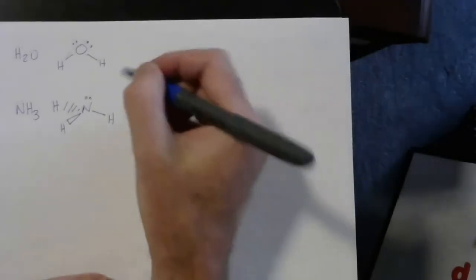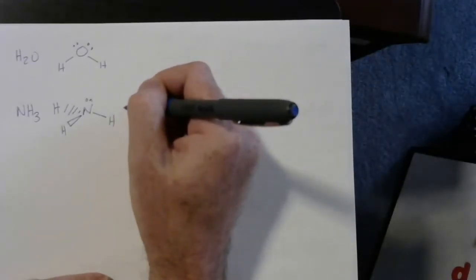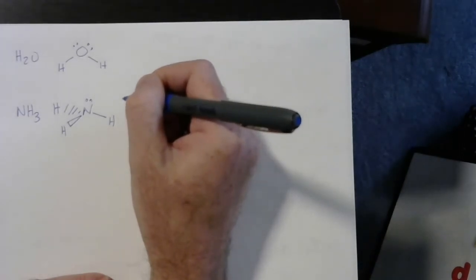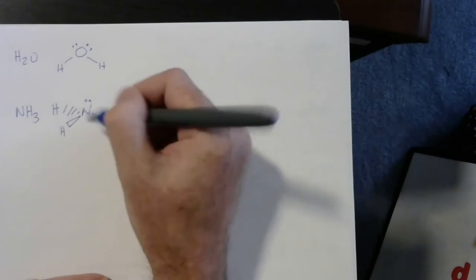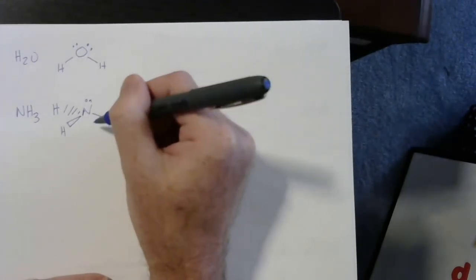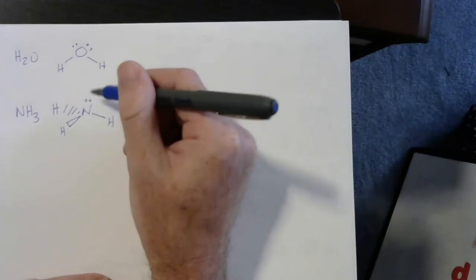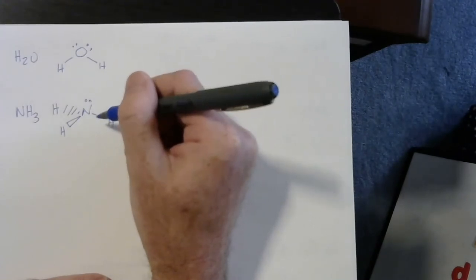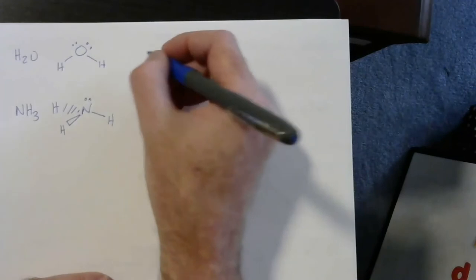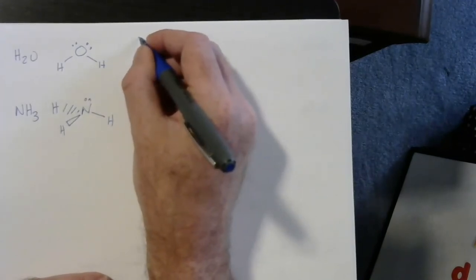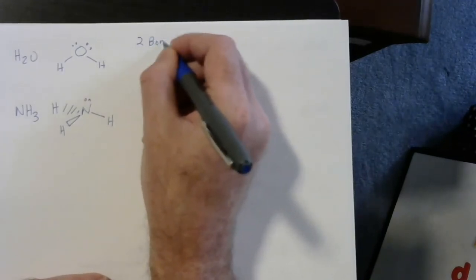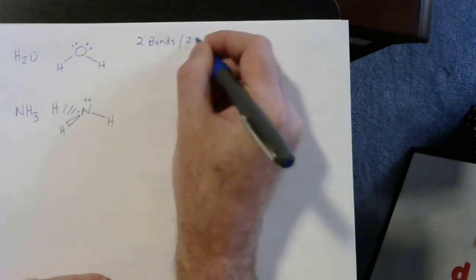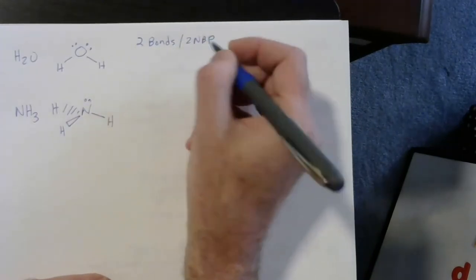Okay, now here's just a couple of commonly encountered molecules, and I've drawn them. Let's go through the same thing we did on the previous problem. But notice I've drawn these a little differently than I drew them earlier in the notes, because I'm drawing them to represent their geometries now. Sometimes you won't be able to get that until you figure out what the Lewis structure is, and you might have to redraw it to get the geometry. In this case, I got 2 bonds and 2 non-bonding pairs.